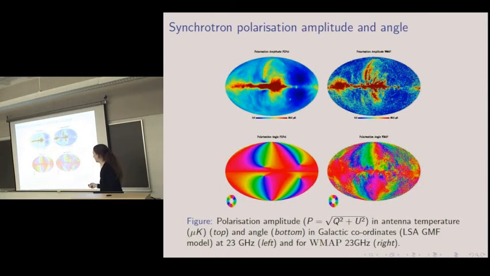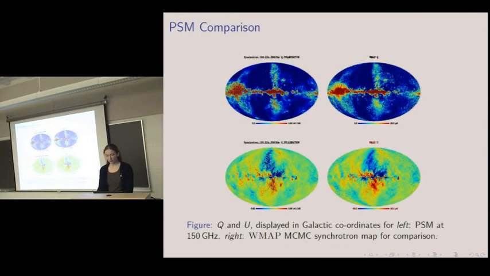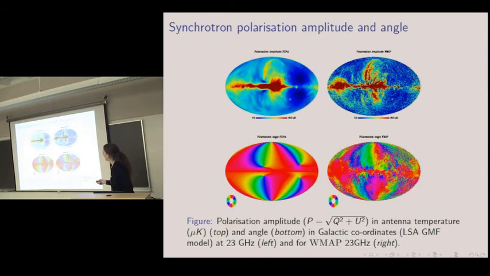So again, for polarization angle, you see very good large-scale agreement with WMAP MCMC data. And I should say that the polarization angle comes purely from the internal galactic magnetic field model.